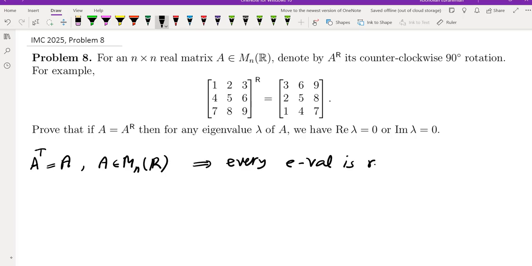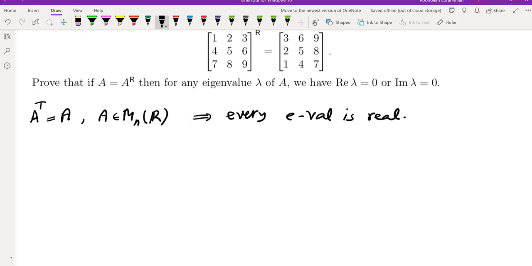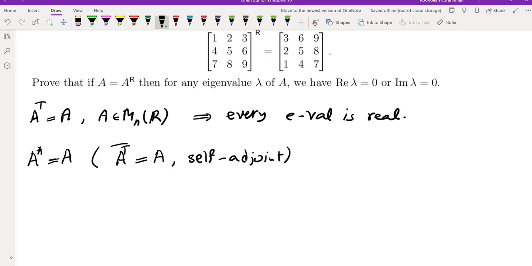In fact, if we have a matrix that is self-adjoint, so A star equals A, which is the same thing as saying A transpose conjugate is the same as A, then we have this same property. Then the eigenvalue is real.